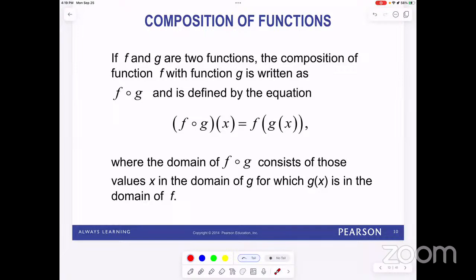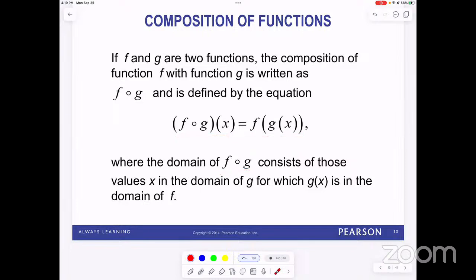Okay. So then composition of functions. If f and g are two functions, the composition of the function f with the function g, written as f composed g, is defined by the equation f composed g of x just means f of g of x, where the domain of f composed g consists of those values of x in the domain of g for which g of x is in the domain of f, right?